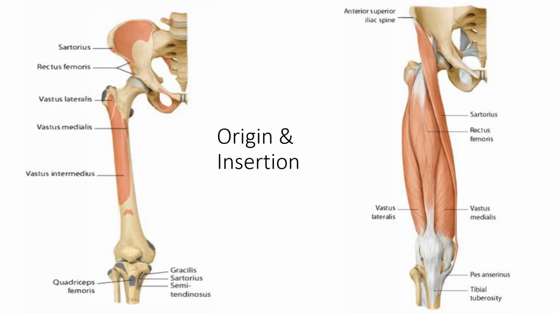And finally it inserts through this patellar tendon into the tibial tuberosity. Here also this portion is shown, and this is how it is a bipinnate muscle because of these two heads of the origin. So the muscle is bipinnate, and they combine with the other portion and form this tendon, and finally it is inserted into the tibial tuberosity.